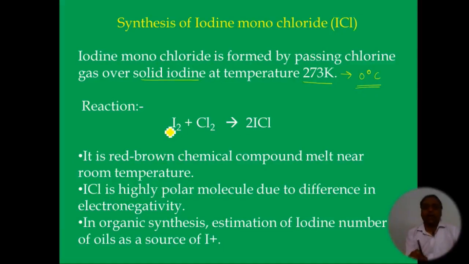So for example, you have iodine. Iodine is a solid in nature at room temperature. So you have to pass chlorine gas.